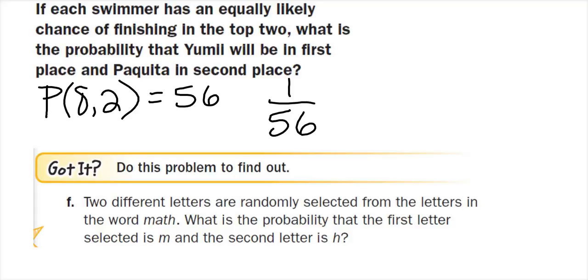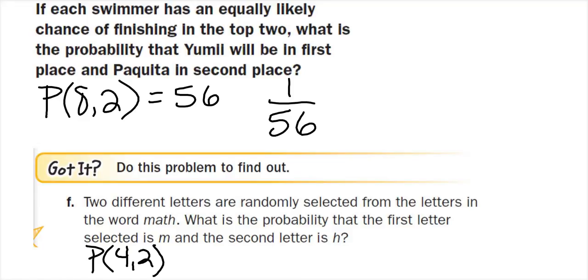All right, let's take a look. It says 2 different letters are randomly selected from the letters in the word math. What's the probability that the first letter selected is M and the second letter is H? Okay, so let's do a permutation here. So our permutation would consist of, there's 4 letters, and I need to pick 2.